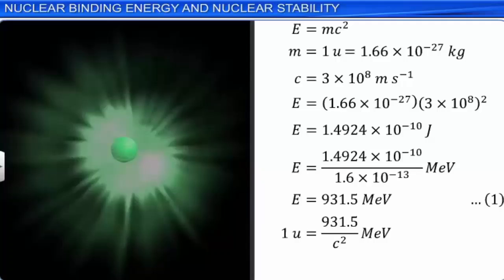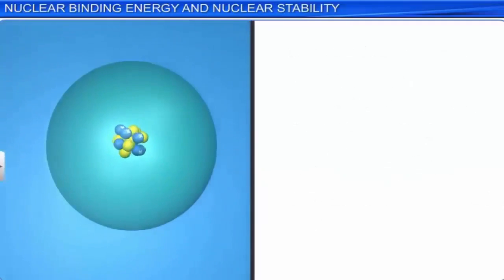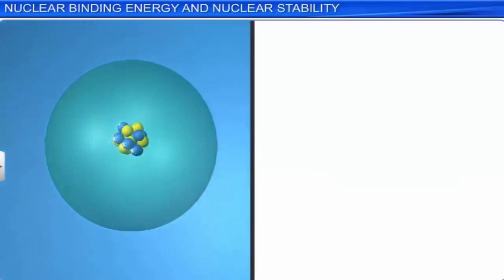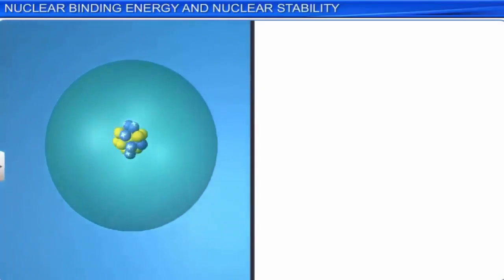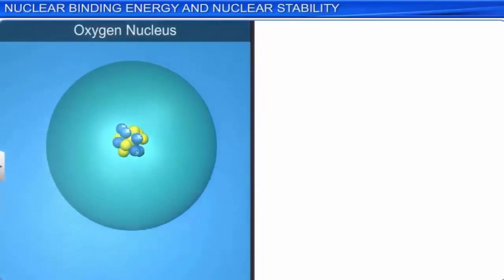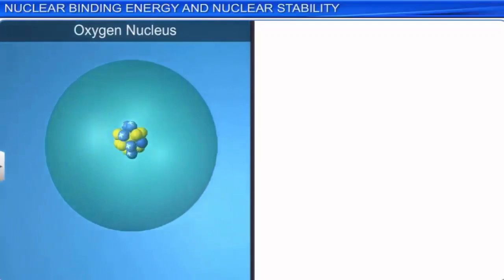Let us now study the concept of nuclear binding energy in light of Einstein's mass-energy equivalence equation, considering a sample nucleus, say, an oxygen nucleus. An oxygen nucleus is made up of 8 neutrons and 8 protons, and hence its atomic number Z equals 8 and mass number A is equal to 16.